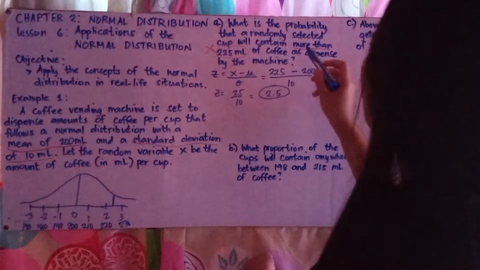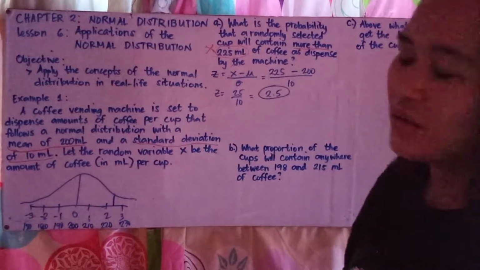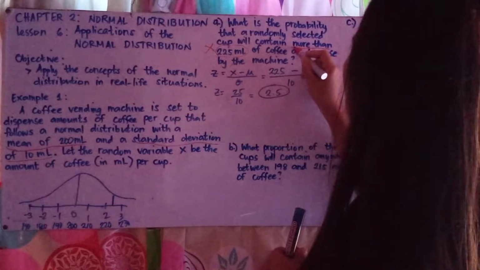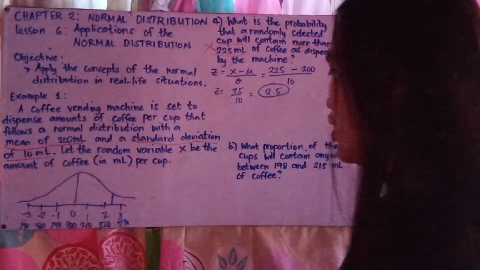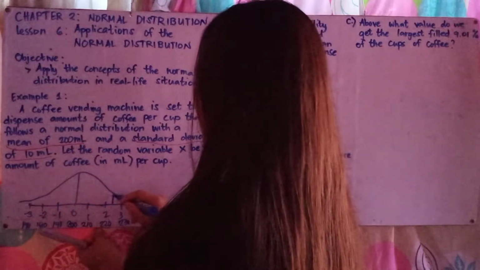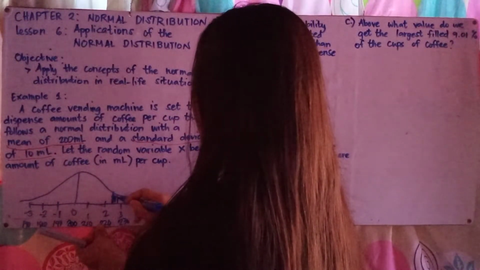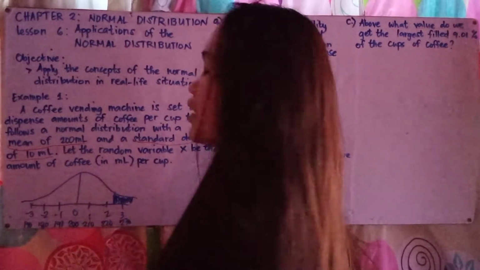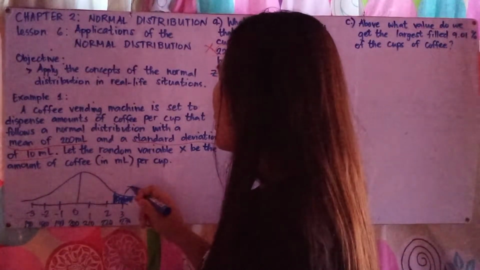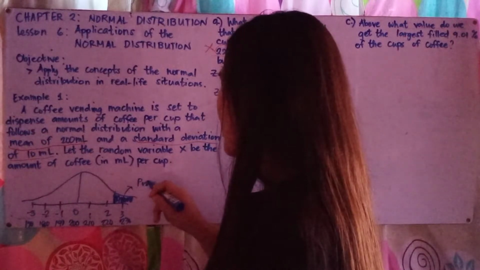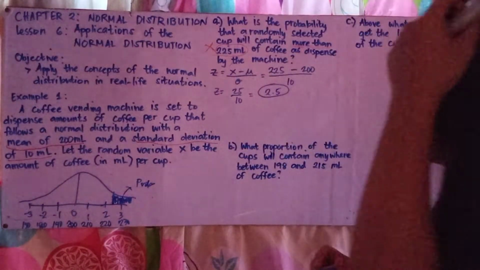Since the given is more than 225 ml, the shaded portion goes to the right. Now we will get the probability.